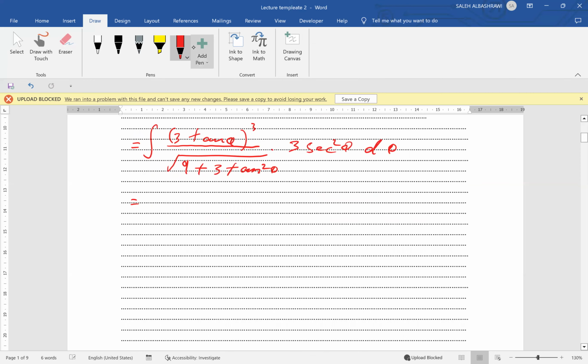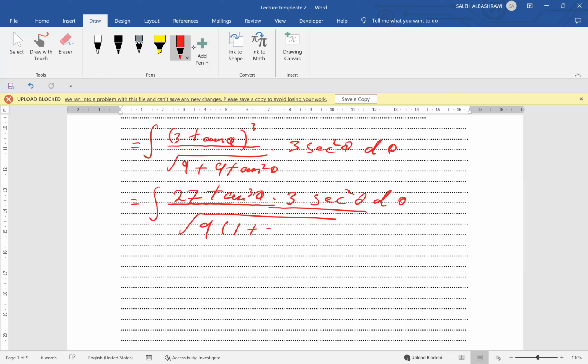This is equal to the integration of 3 to the power 3, which is 27, tan to the power 3 theta, multiplied by 3 secant squared theta d theta, divided by the square root of 9 (this should be 9, not 3, because we square it). Take 9 as a common factor: it will be 1 plus tan squared theta, and 1 plus tan squared is equal to secant squared.